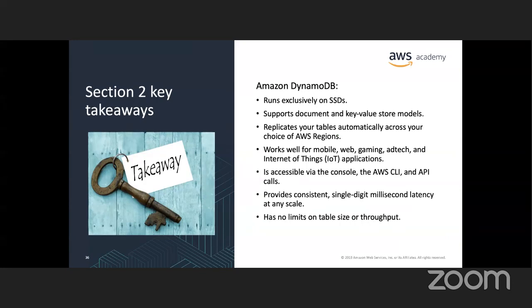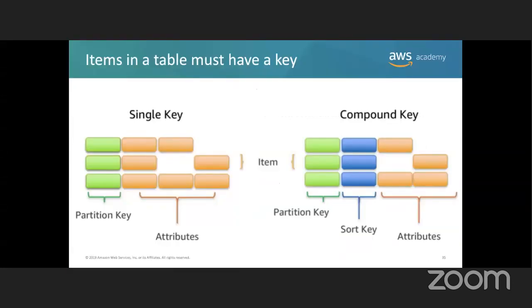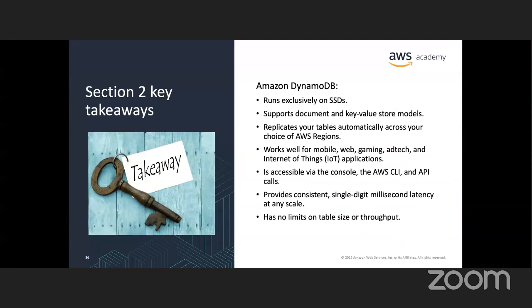That was quick. So Amazon DynamoDB runs exclusively on SSD, okay? Exclusively on SSD. It supports document and key value store models, replicating tables automatically across your choice of AWS regions. It works well for mobile, web, gaming, ad tech, and Internet of Things, IoT applications.